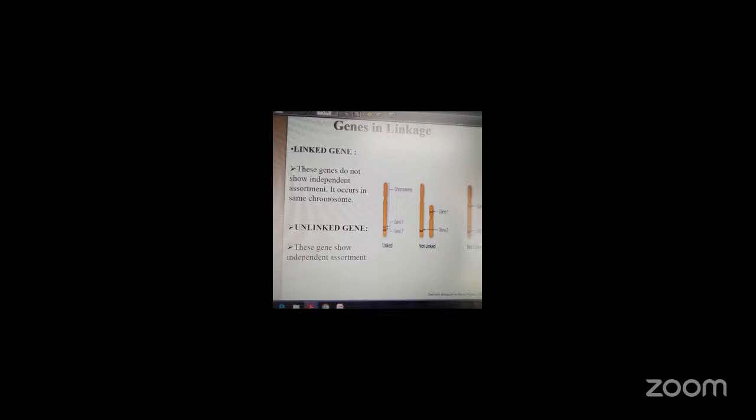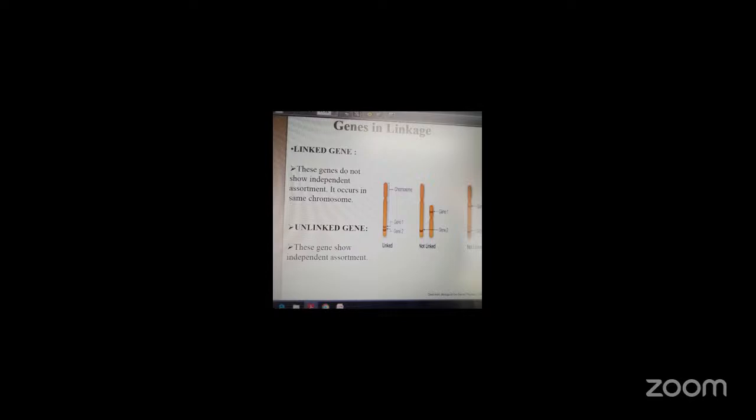Some linkage theories were proposed by Bateson and Morgan. What are the linkage theories? Here is the differential multiplication theory and another one is the chromosomal theory.